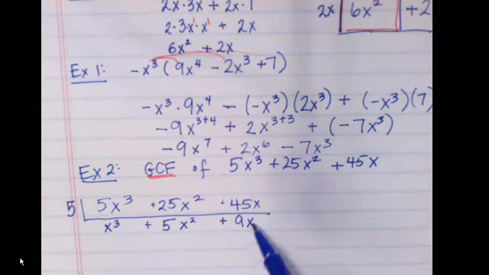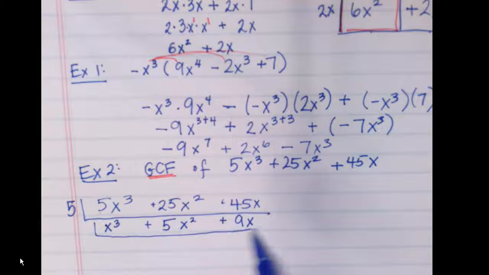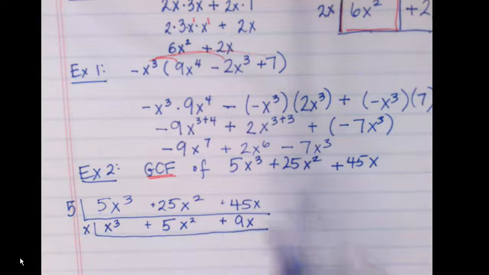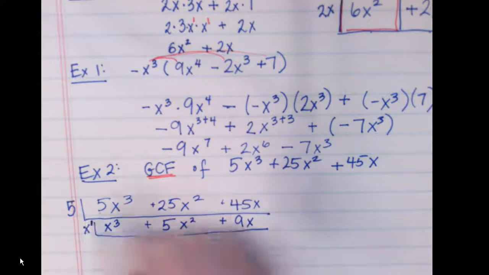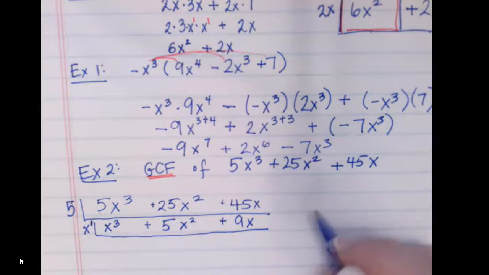So then I'm inspecting my terms that I have left, and if I find something else that will go in, I draw another division bar, and I see that x goes into all of them, x to the first. So the lowest power of x is how many will go into all of them. So now I'm doing x cubed divided by x to the first, and I'm going to write it out to the side here.